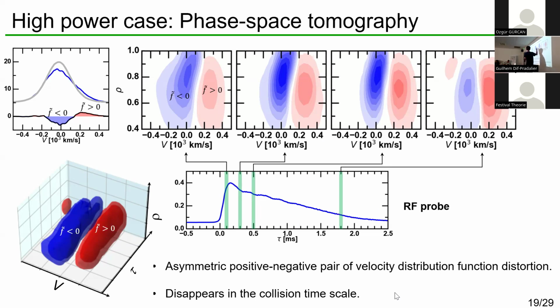So this is a three-dimensional perturbation structure. And we have a symmetric positive-negative pair of velocity distribution function, which disappears on the collisional time scale. So this is what we can imagine from the integrated data as well.